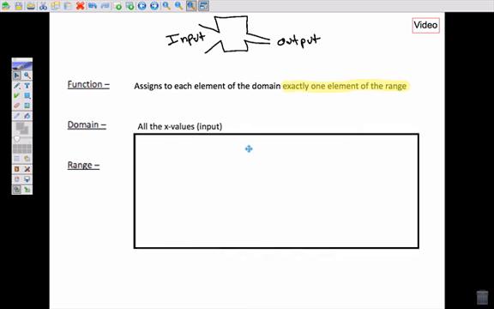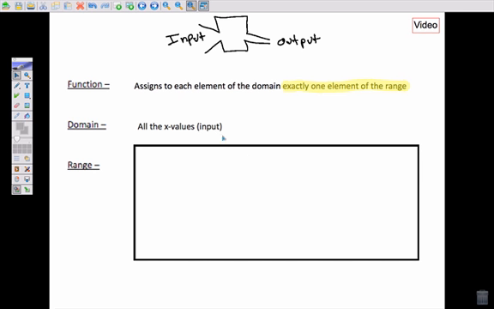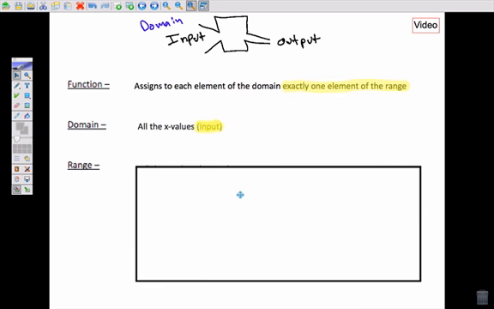output. The domain, these are typically our x values, not always, but typically, and this is our input. That's the way you're probably most used to seeing it. If you're thinking visually, like we drew in class, your domain are your inputs. And so you can probably guess what range is.